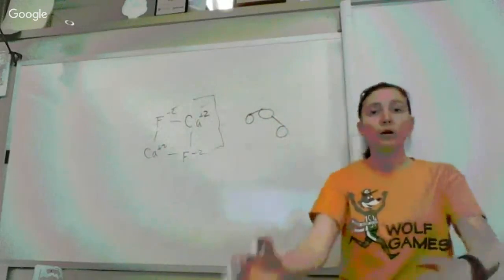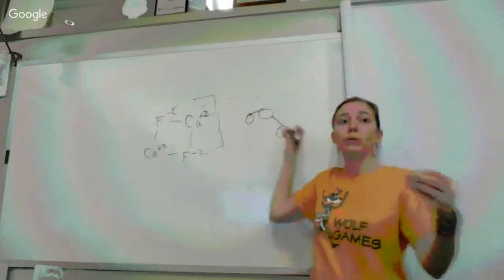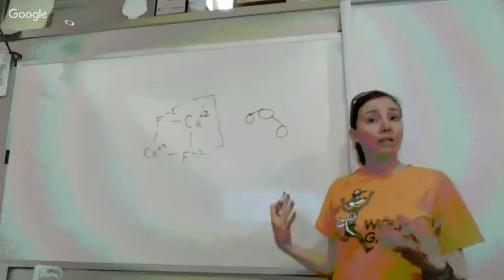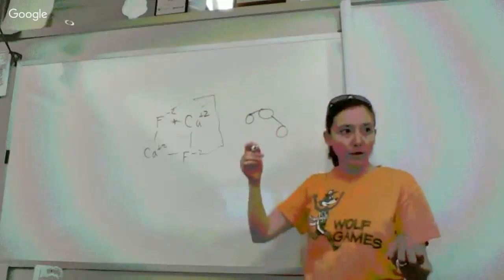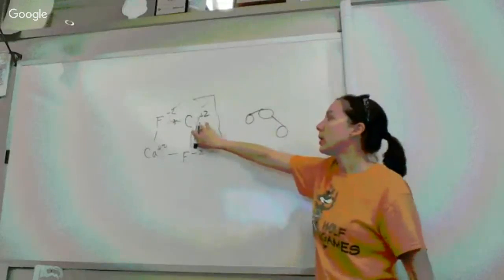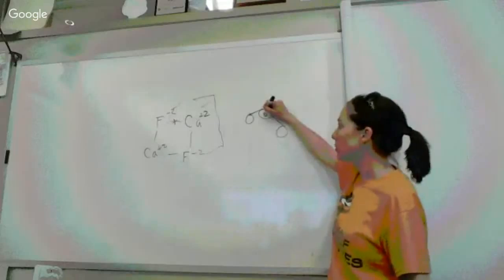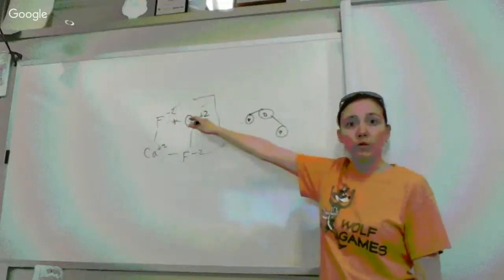We drop it into water. Water molecules are going to go and attach themselves to each ion and pull them apart. So we've got O and H and H. My oxygen and my calcium will be attracted to there.